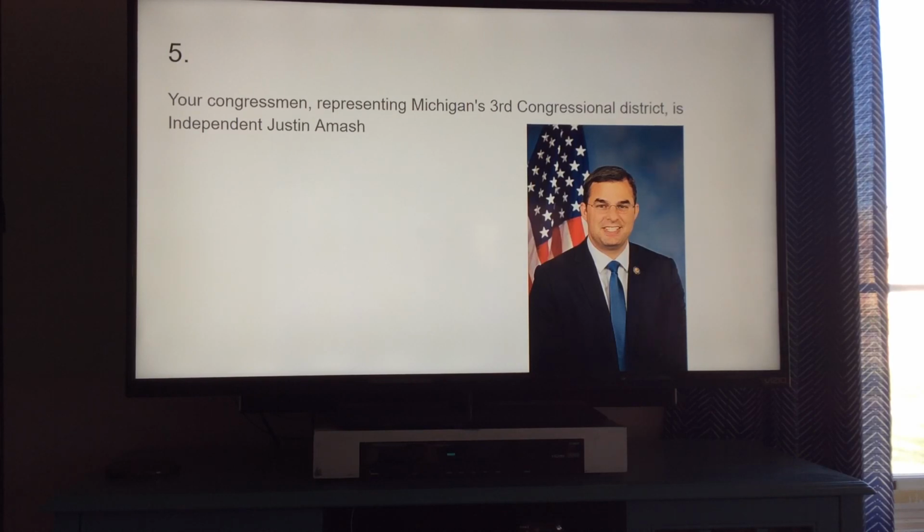Justin Amash was elected as a Republican, a pretty conservative Republican at that, but as stuff started to come out about the Trump-Russia connection and the Ukraine thing that led to Trump's impeachment, Amash actually broke with the Republican Party and came out and said, I think that Trump should be impeached and removed from office.